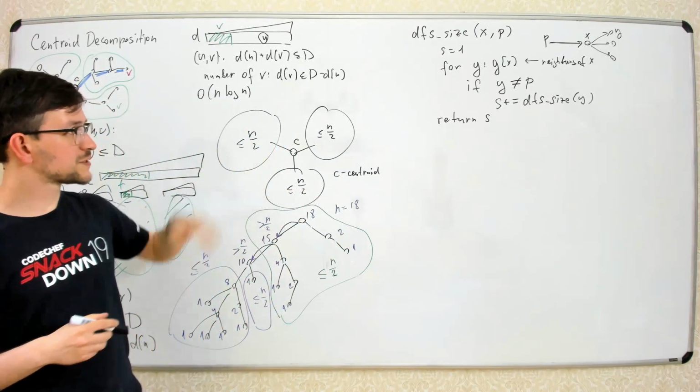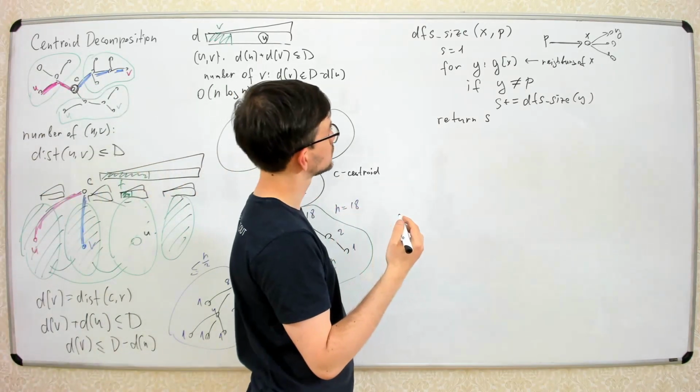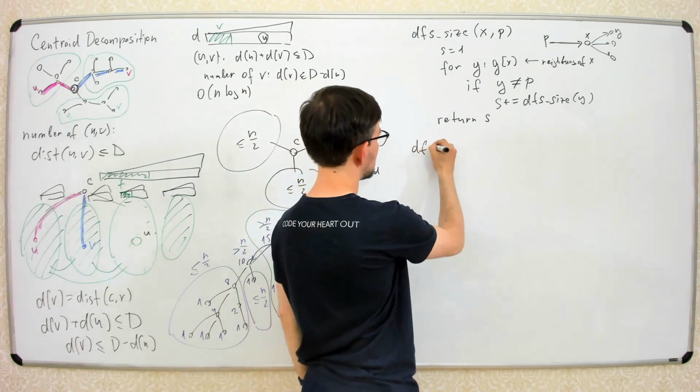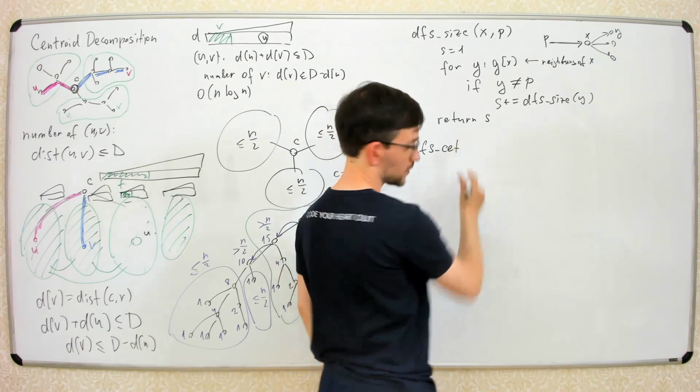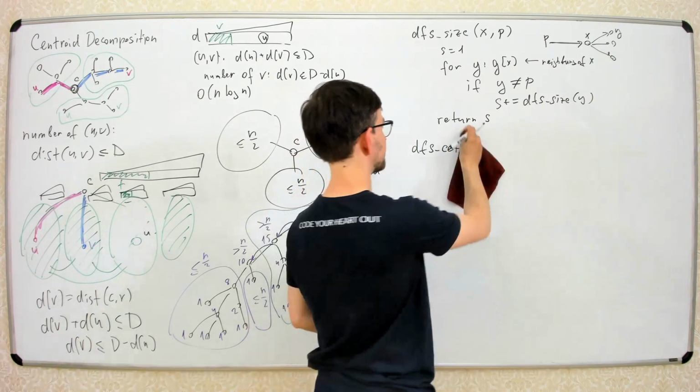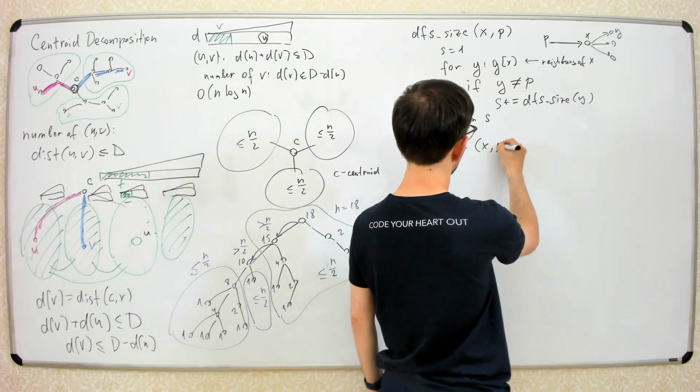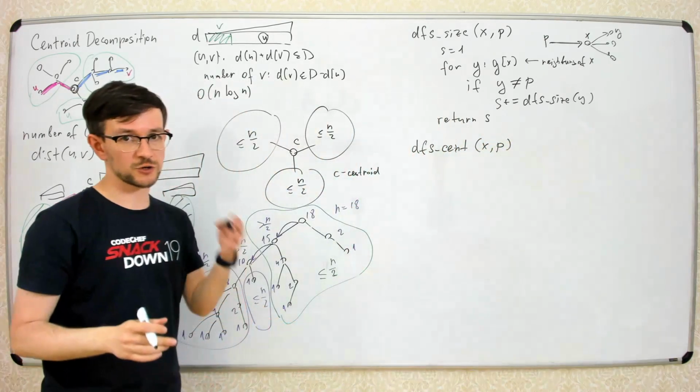And now, how to find the centroid? DFS centroid. The second DFS will find the centroid of the tree.